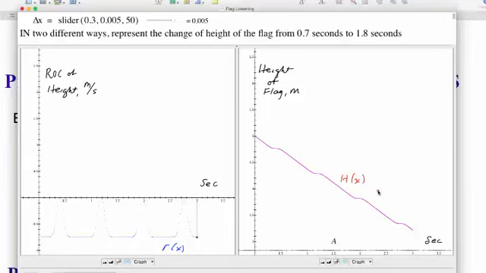This function here is r, values of the dependent variable r of x. So we're going to look at from 0.7 to 1.8. There's some change in height of the flag over that interval. And same thing here, 0.7 to 1.8.